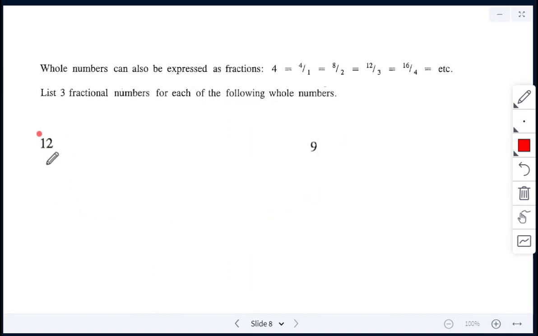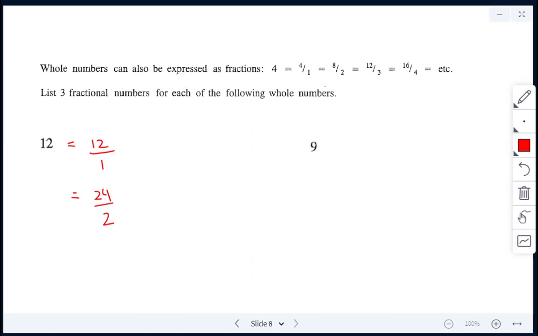So if we had the number 12, list 3 fractional numbers for each of the following whole numbers. So the first one we could say is 12 over 1. That gives me 12. Another one, we could say 24 divided by 2 would also give me 12.